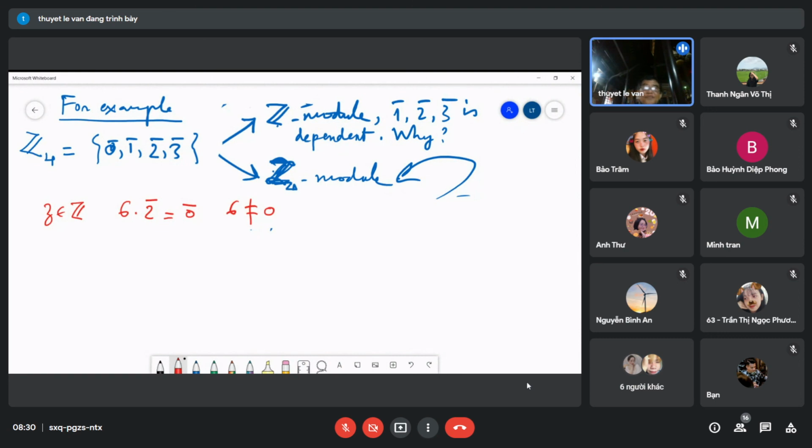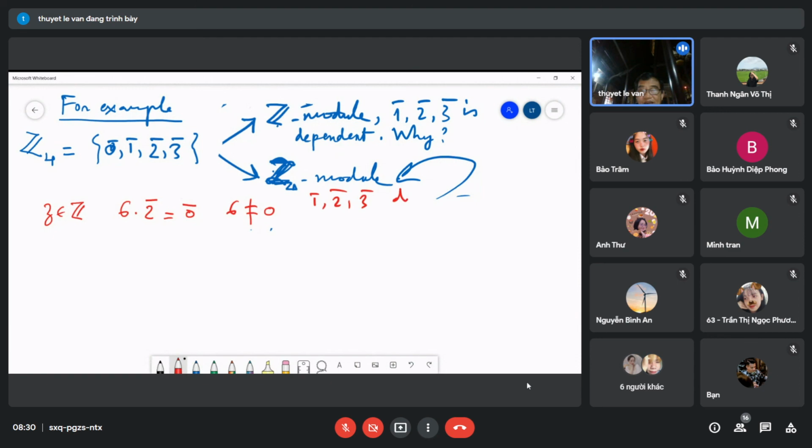So in this case, 1, 2, 3 is dependent, and also in the other case, 1, 2, 3 is dependent.